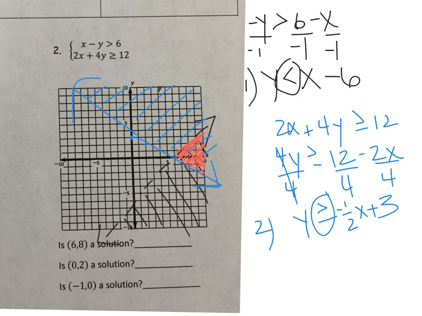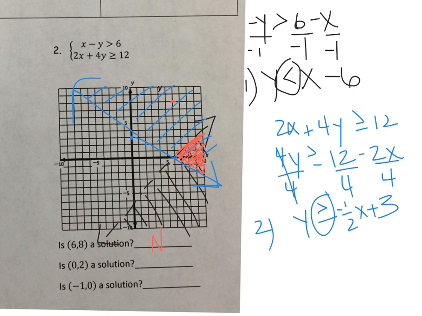All right, so to finish this up, it's asking if certain coordinate points are in the solution. Some of them you might be able to tell. Some of them you might have to plug in to one of the equations to determine, okay? So we have 6 and 8, 6 comma 8. If you go over 6 up to 8, 5, 6, 7, 8, like right here, that is not in the final solution set, okay?